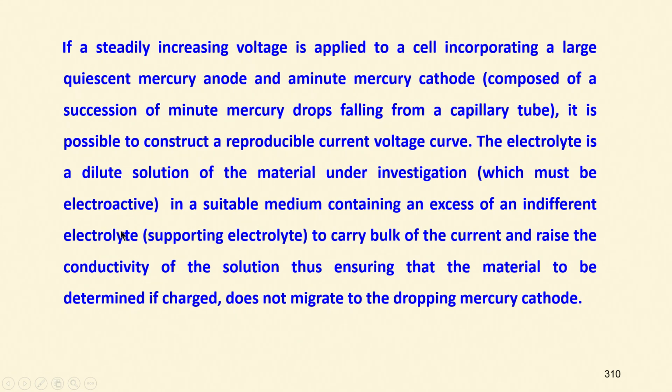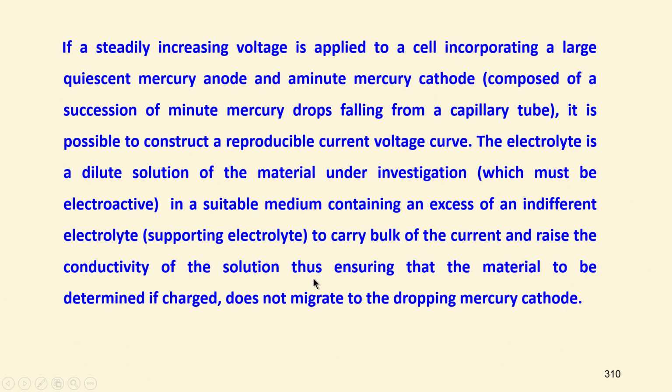That means it does not get reduced, it is not taking part in the reaction. That is why it is known as indifferent electrolyte, and we can also call it supporting electrolyte. The ions produced from the supporting electrolyte carry the bulk of the current and raise the conductivity of the solution.